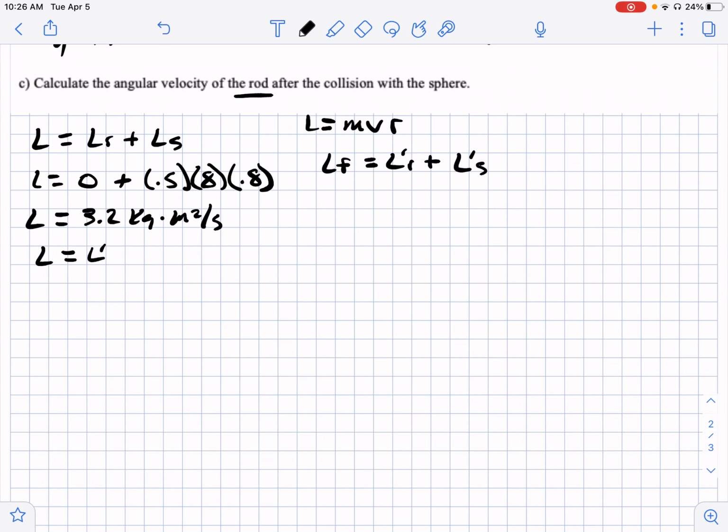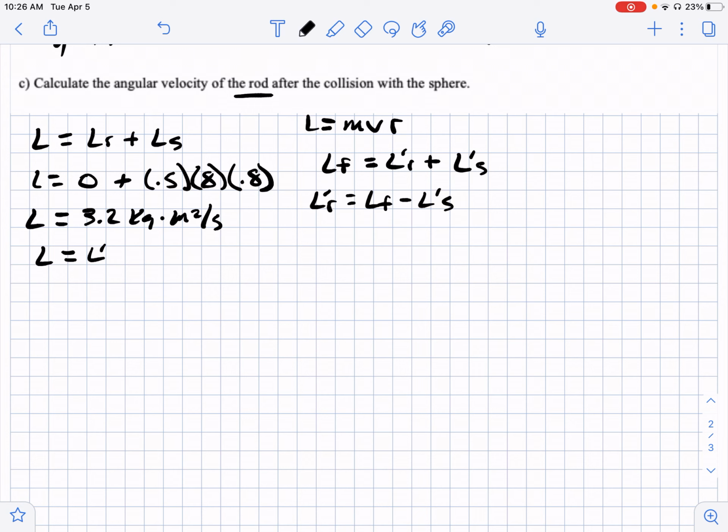And we want to solve for the angular momentum of the rod after the collision. So I'm going to subtract the angular momentum of the sphere. So the angular momentum of your rod is going to equal that total angular momentum that we solved for in part 1 minus the angular momentum of the sphere.